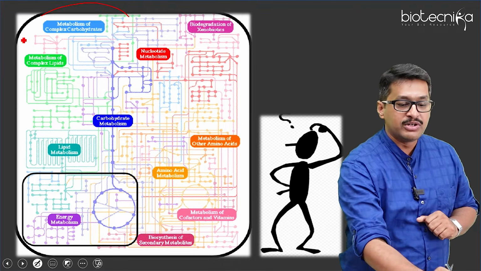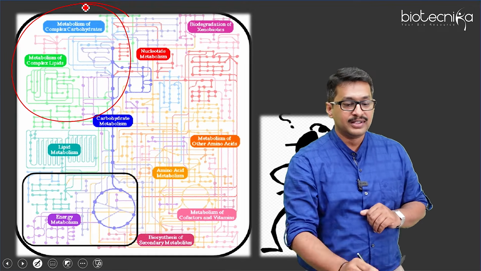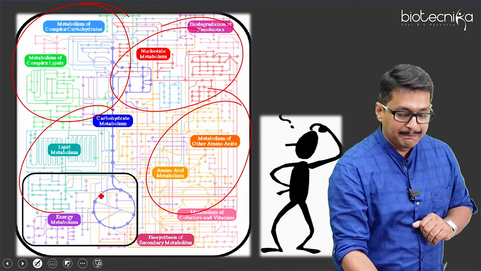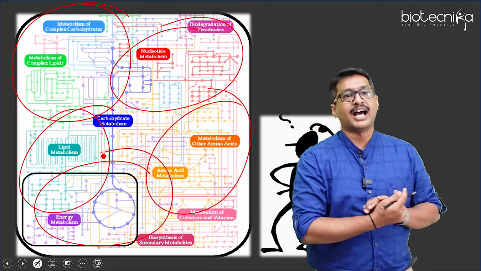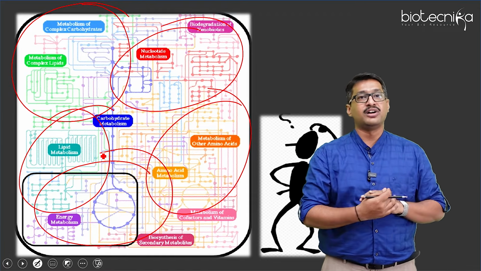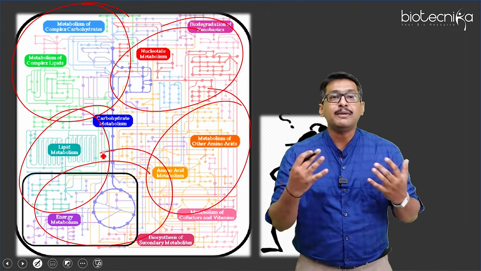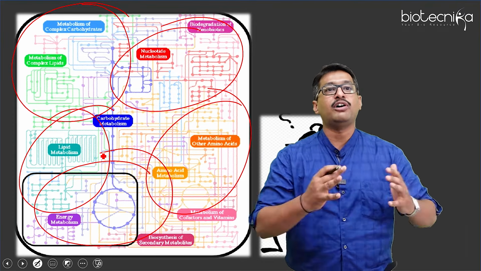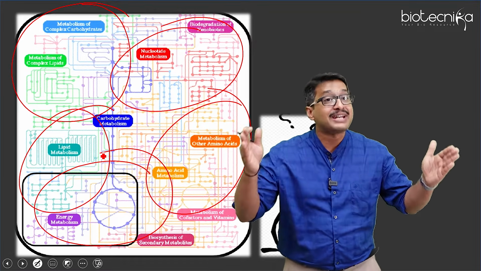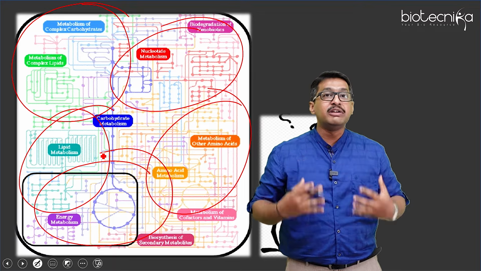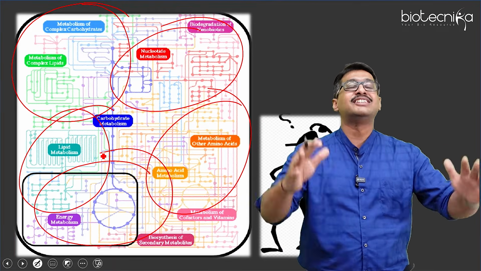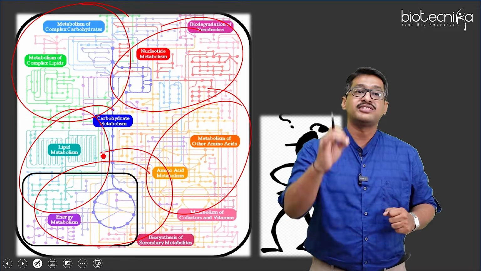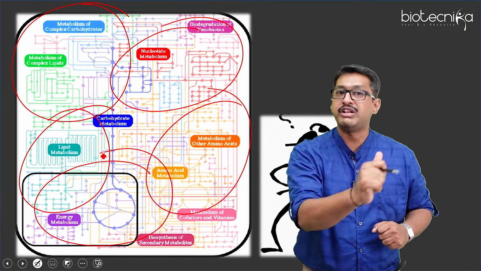The big circuit involves carbohydrate metabolism, nucleotide metabolism, amino acid metabolism, lipid metabolism, and secondary metabolism. So what I'm trying to stress upon is we cannot look at the biochemistry of these biomolecules as separate entities. In a living system, there are 1,000 reactions already going on, and understanding this at a molecular or sub-molecular level becomes very, very challenging.